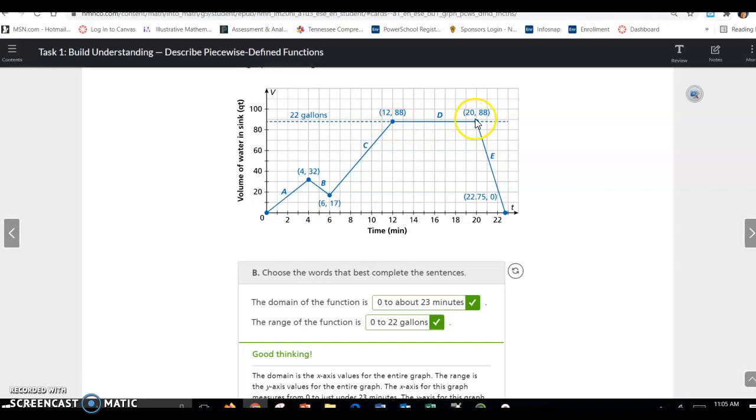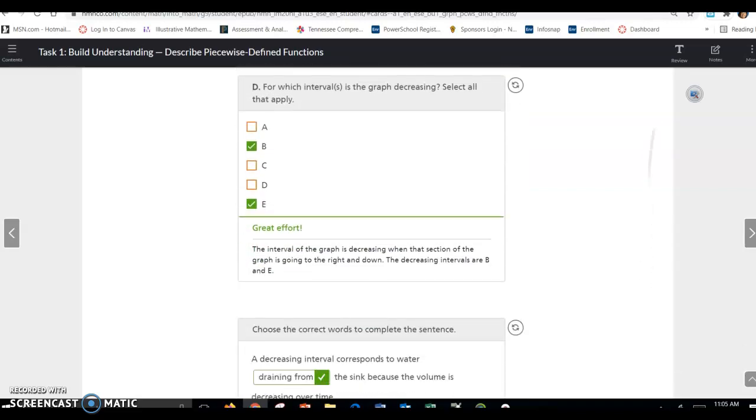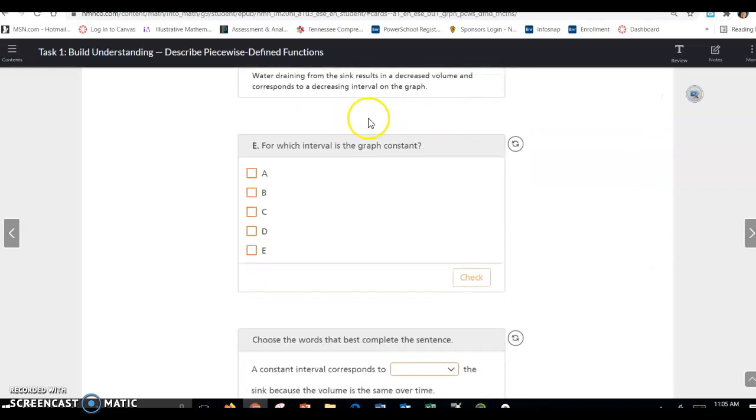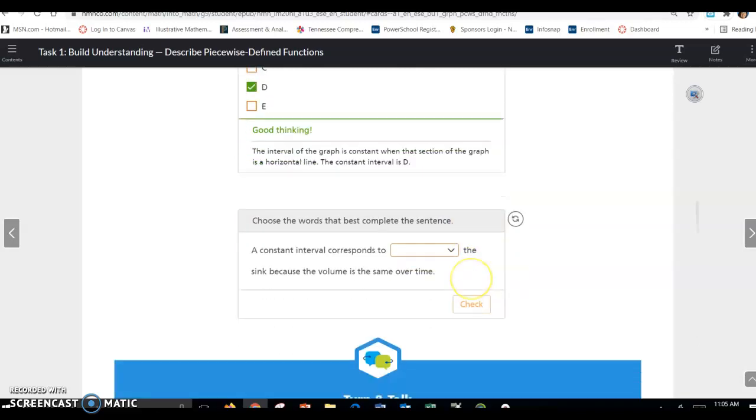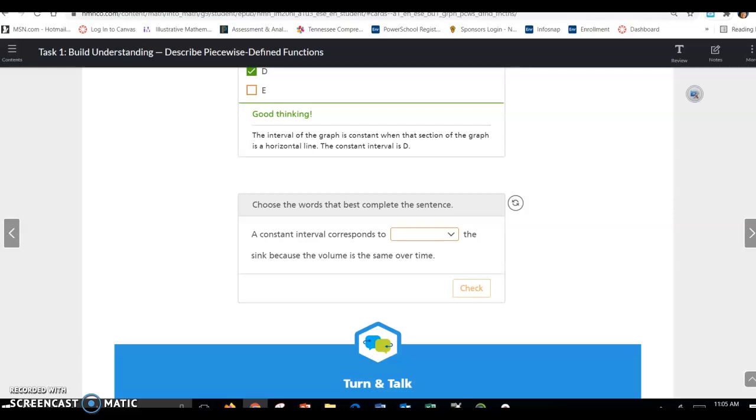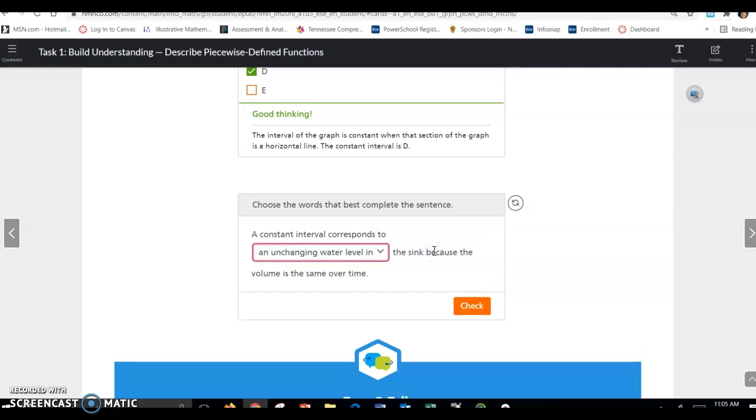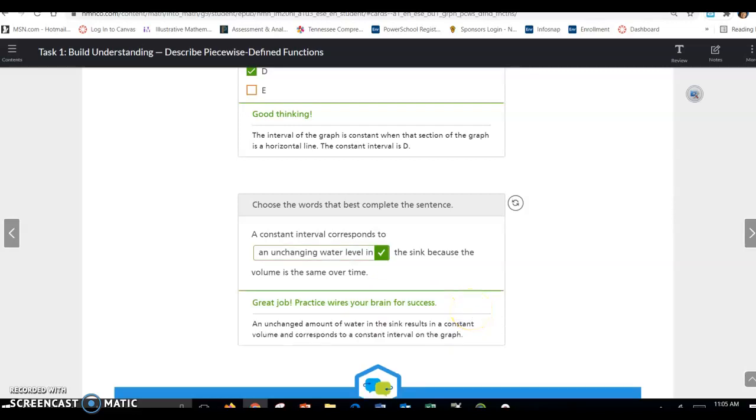That would be interval D. And it says, choose the words that best complete the sentence. A constant interval corresponds to an unchanging water level in the sink because the volume stays the same over time.